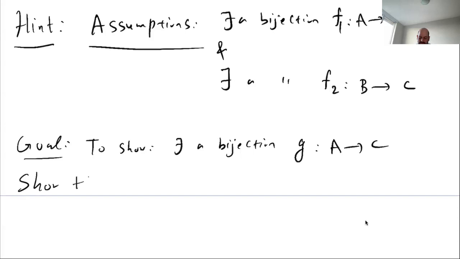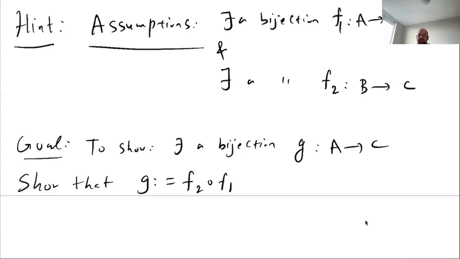If you want to go from A to C, how can you go from A to C? F1 helps you to go from A to B, and then F2 helps you to go from B to C. So we can compose them. Composition of these two functions helps us to go from A to C. So G equals, let's say, F2 composed with F1, right?